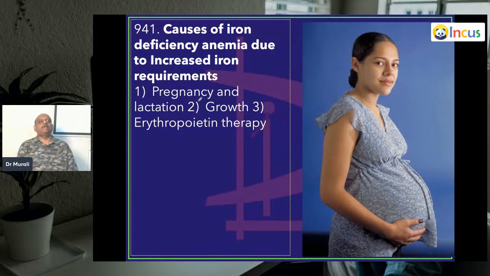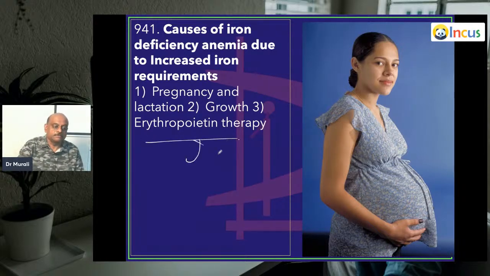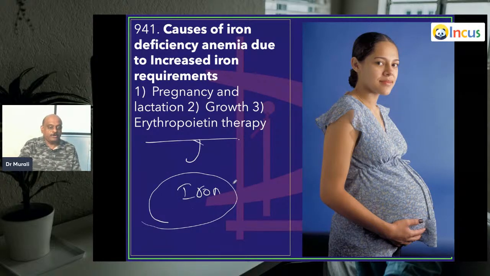Increased iron requirements, where do you see them leading to iron deficiency anemia? Pregnancy, lactation, growth, any erythropoietin therapy. If you are giving erythropoietin therapy, concomitantly you should also give iron. If you give only erythropoietin, then that once more worsens the iron deficiency.